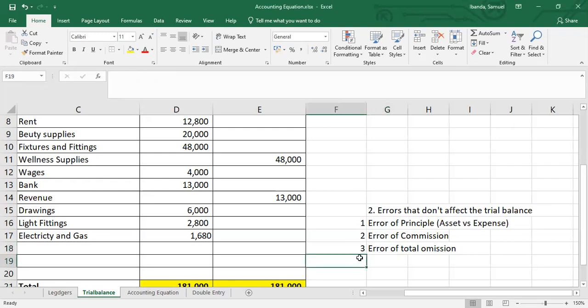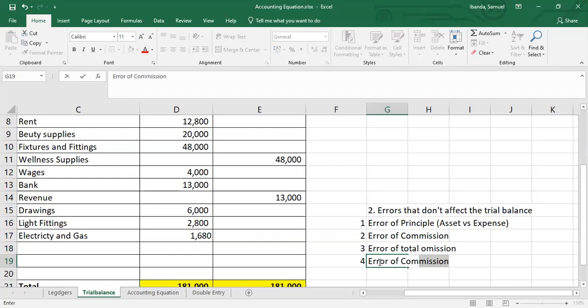Then we have what we call error of complete reversal. We have error of complete reversal.